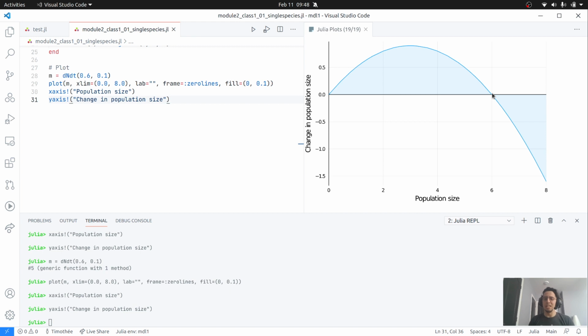But it's also going to tell you how fast the population is growing. The one thing that's interesting here, let's take this point here, is the maximum growth rate of the population. So if you're interested in when is my population growing as fast as it possibly can, well, the point is the moment where this curve is peaking.